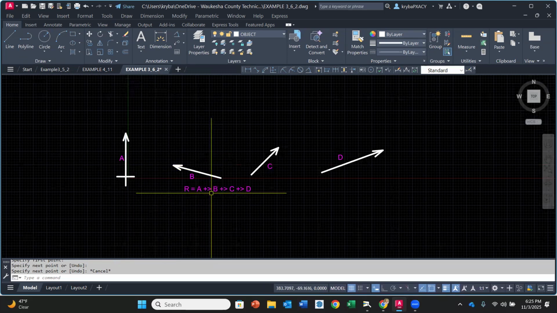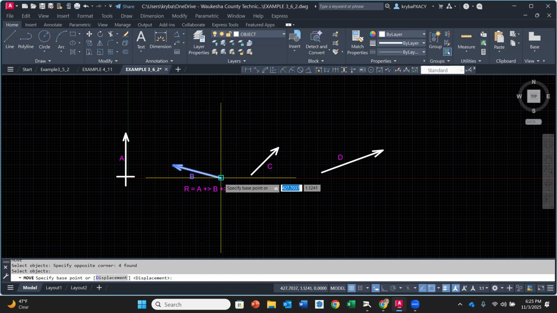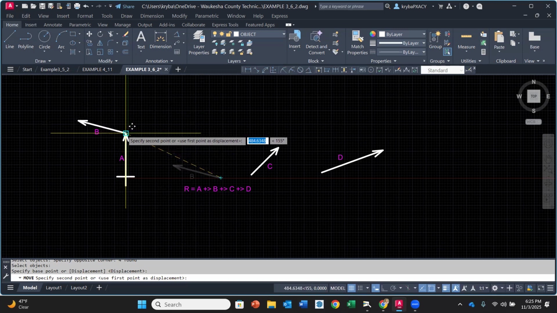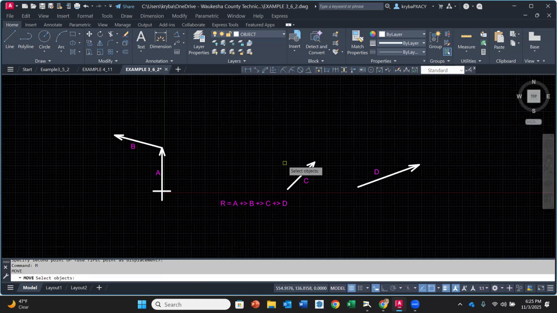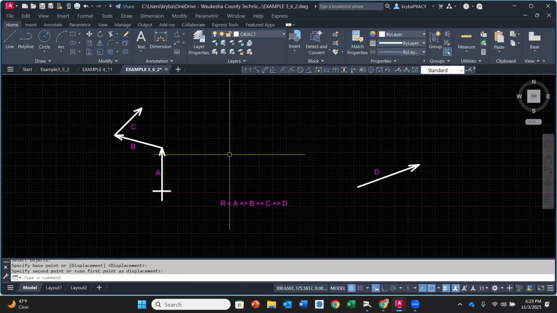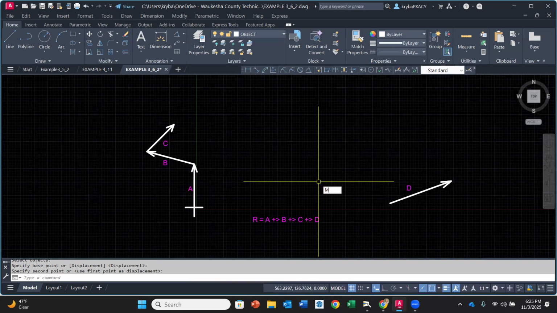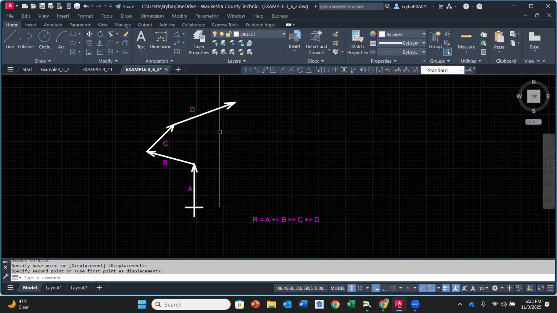At the tip of A, I'm going to put the tail of B. So I'm going to move my vector B. Its specified base point is going to be its tail, and I'm going to place it at the tip of A. Then I'm going to add C to B. So I'm going to move C, tail goes to the tip of B. And then D, its tail, is going to go to the tip of C, the last vector, right there.